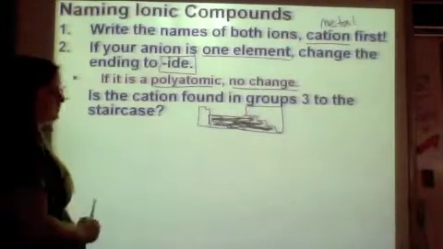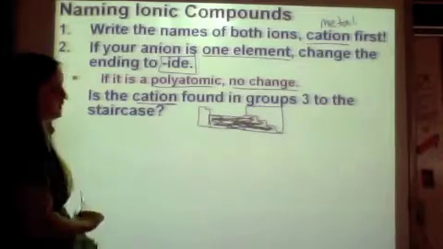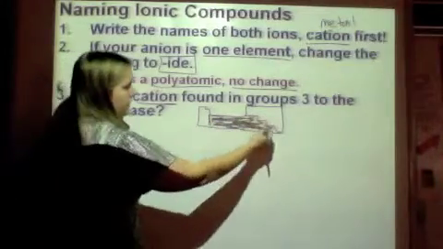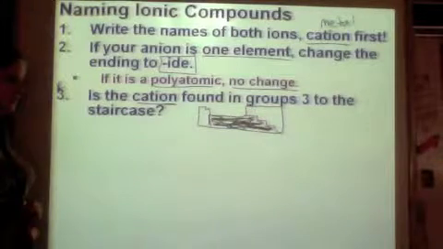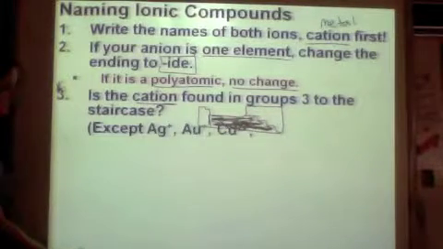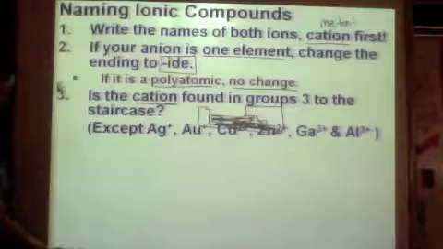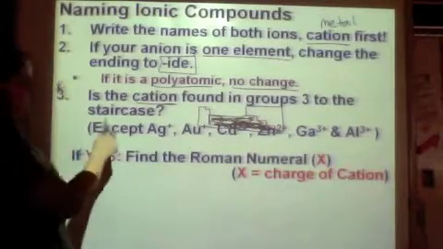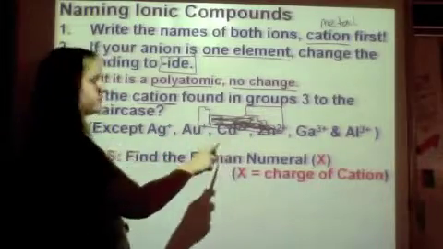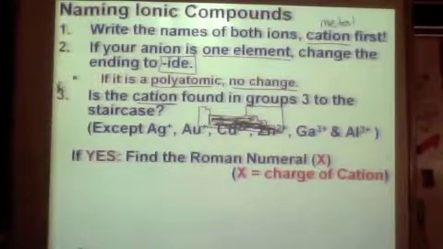Does your metal fall between groups 3 and the staircase? Okay, so how do you answer this? And this is just saying except one of those 6. Okay, so those 6 don't count.